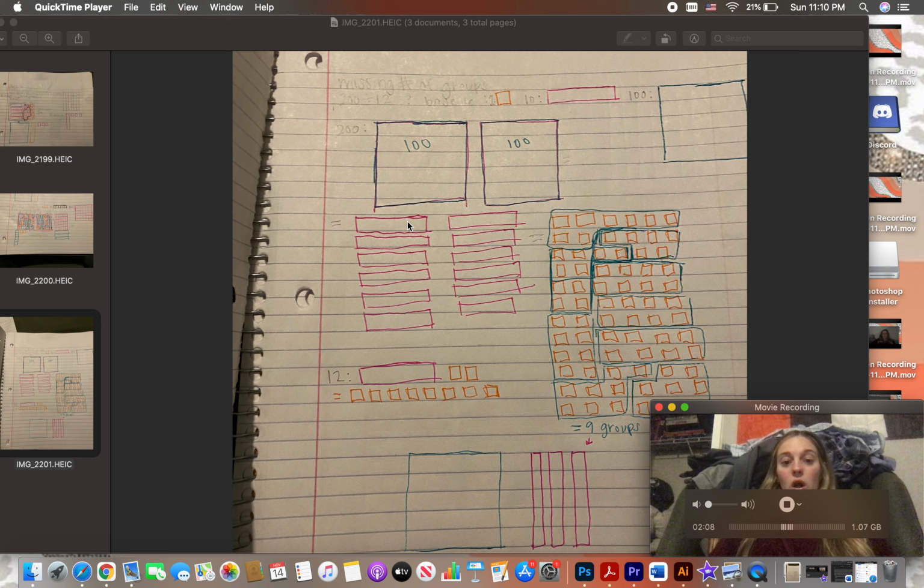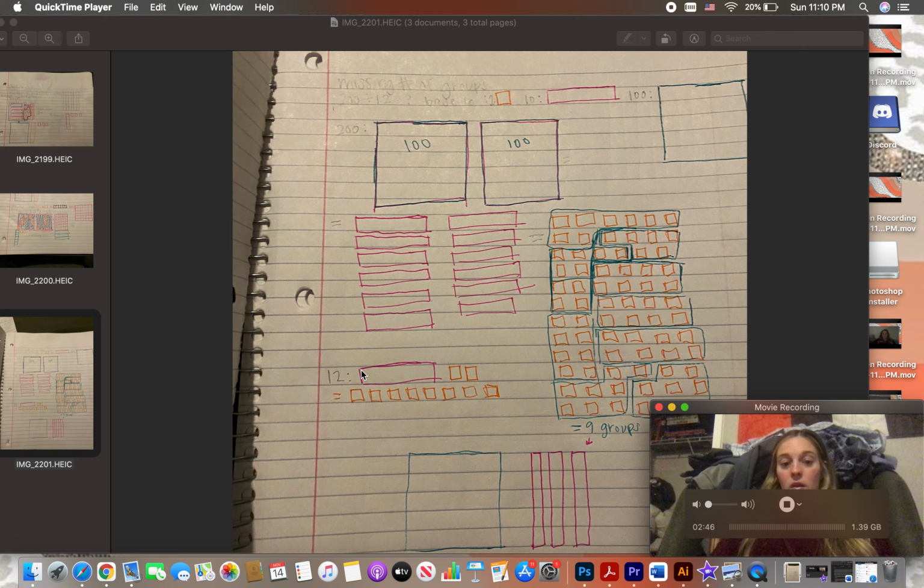So we are going to draw out 6 longs. And then we are going to break that down into singles. So then we are going to draw out 1 single, 2 single, 3 single, 4 single, 5 single, 6 single for each long. So that means we're going to have 12 lines of 6 singles.